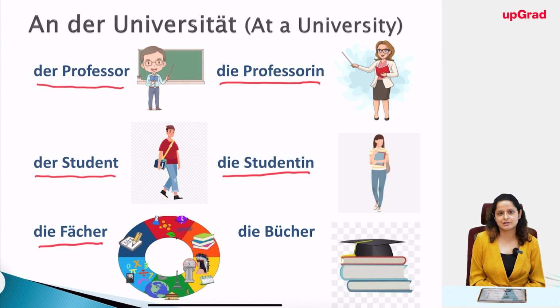So whatever subjects you'll study at the university, all of them together are called die Fächer. And the final word that we see here is die Bücher. Bücher are books. So we'll repeat these words once more. Der Professor, die Professorin, der Student, die Studentin, die Fächer, die Bücher.